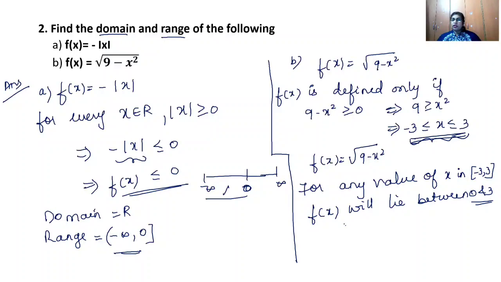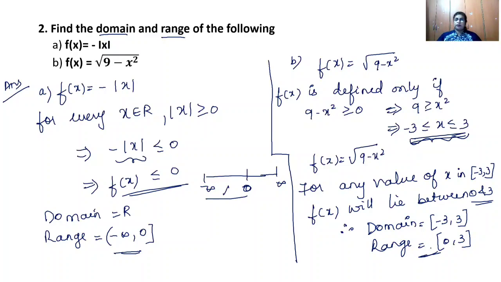So this becomes the range. Therefore, the domain is always the x values: the domain is the closed interval minus 3, 3 and the range is the closed interval 0, 3. This is my answer for the second one.